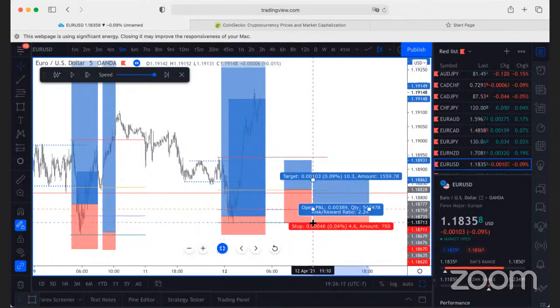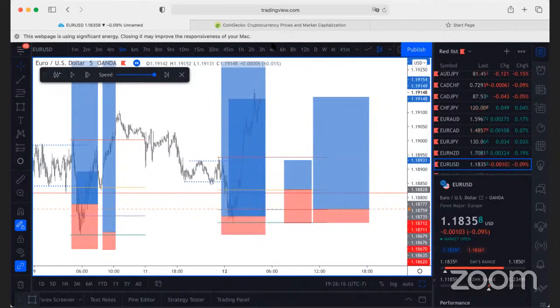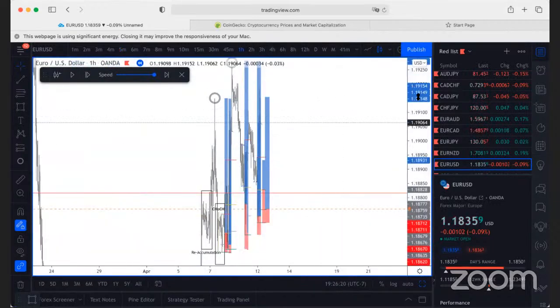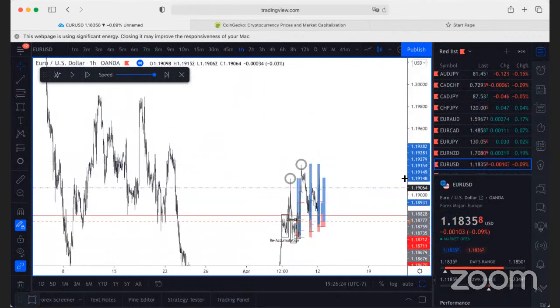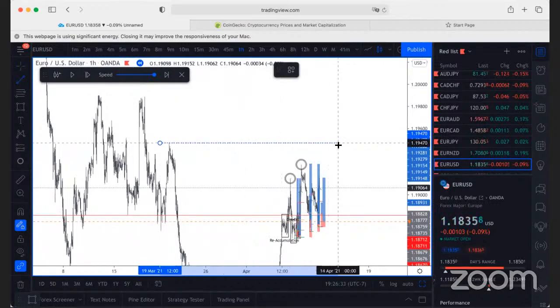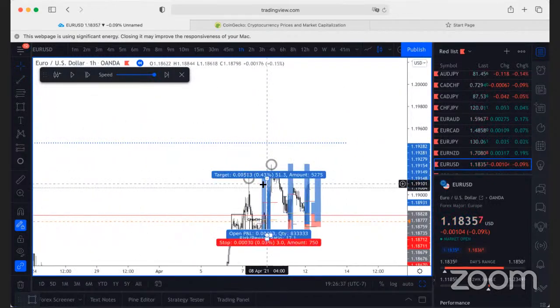This will give us our 4.5. Let's see. We're at least looking to target up here for all of these at the very least.